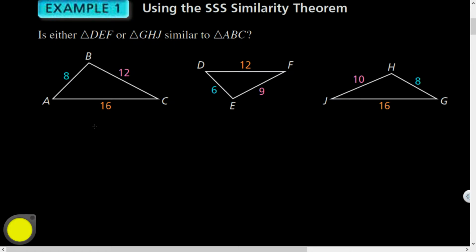I'll do 6 is to 8 as 9 is to 12 as 12 is to 16. And then let's reduce these. 3/4. Divide by 3, 3/4. Divide by 4, 3/4. That means these two triangles are similar.